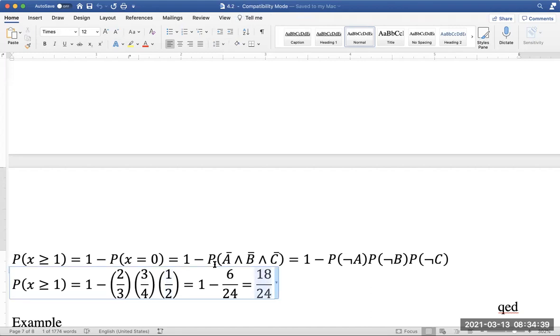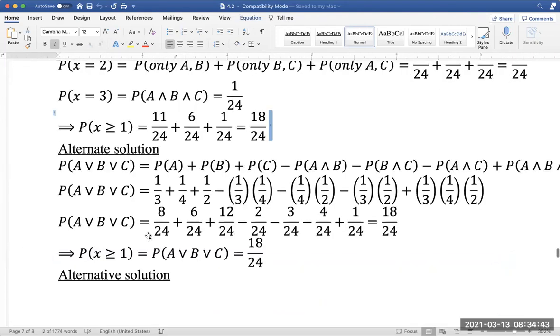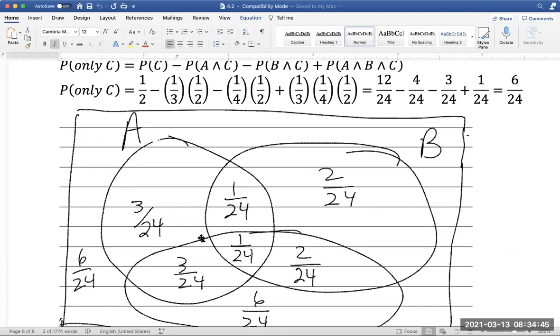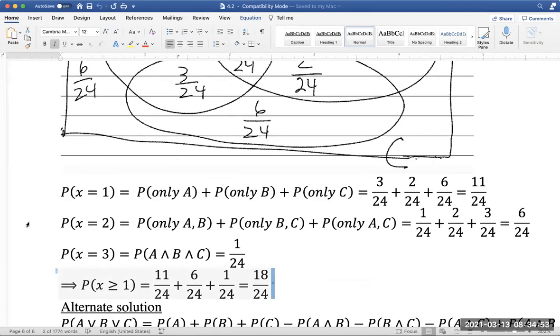Notice this is much easier than any of these gigantic calculations that I did here. Now, of course, if it was instead, what's the probability that exactly 2 people solve it?